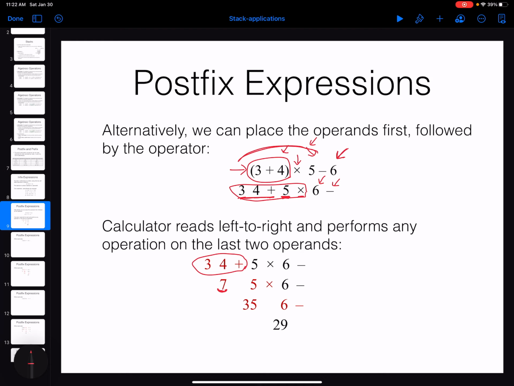The next token is going to be 5, right? Again, this is an operand, so I will wait because I can't do anything with just this number. The next token is a multiplication. Again, I am seeing an operator, so there should have been operands for this one. I just look back 2 steps to see what the operands of this operator are. One of them is 5, and the other one is 7.